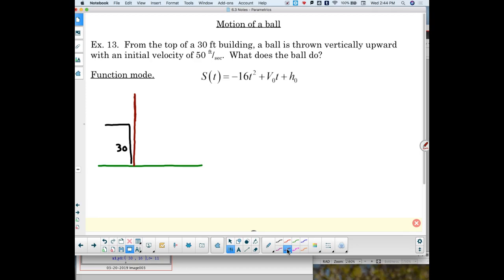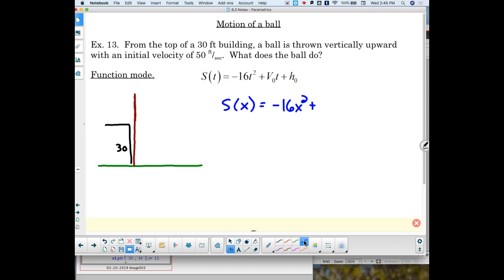Okay, right? So the function that I can make, s of t here, actually we'll say s of x, because then when we put it in the calculator momentarily, it'll be all nice and pretty for us. So that's going to be negative 16x squared, because that's my gravitational constant, plus v sub 0, my initial velocity.